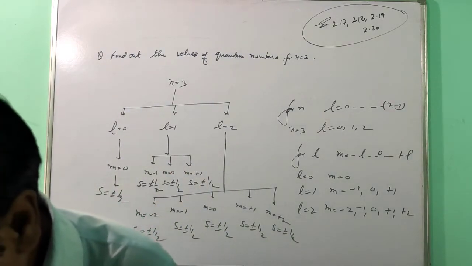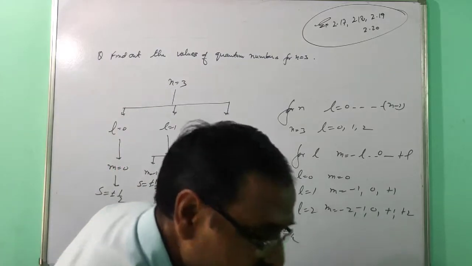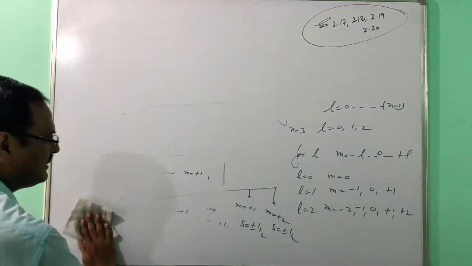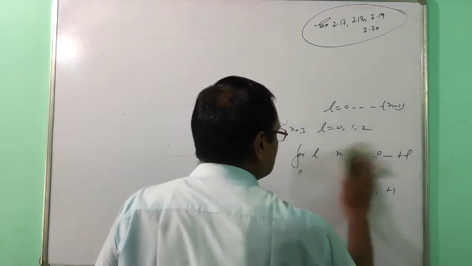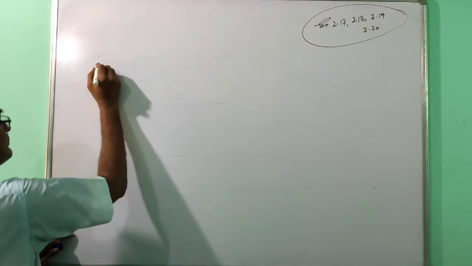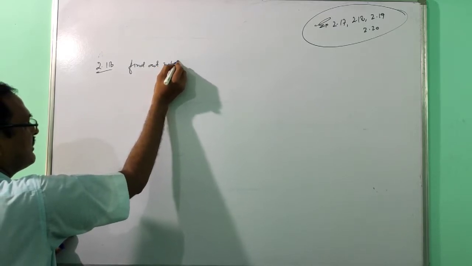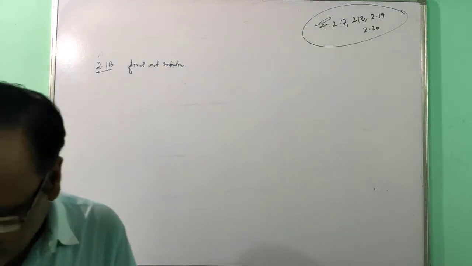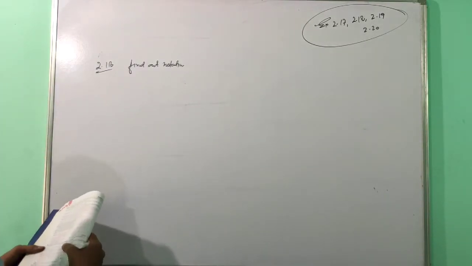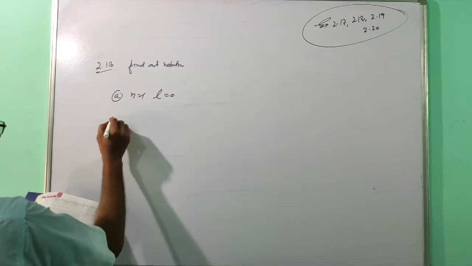Now example 2.18, they are asking to find out the notation. So how to do this one? A, n is equal to 1, l is equal to 0.